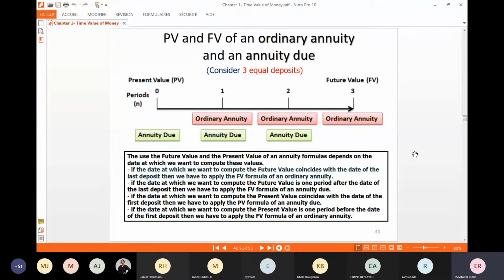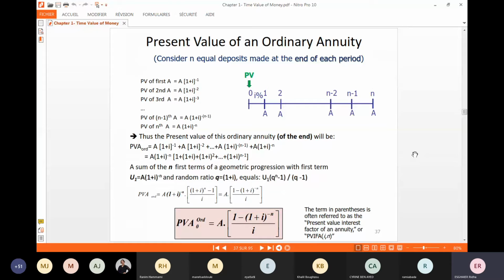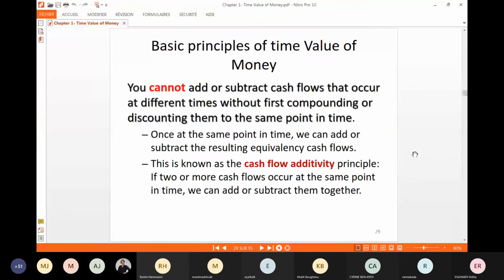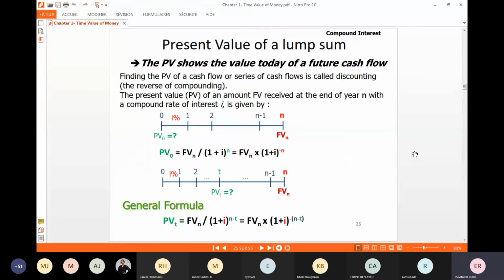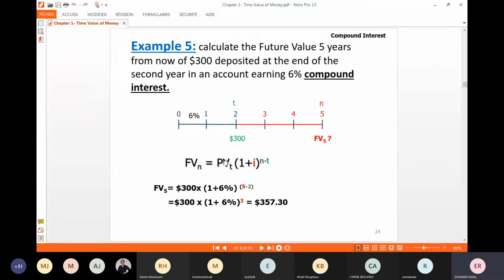To sum up what we did last session, we said that to compute the future value and the present value of an amount, we call it a lump sum, we use the basic formula, which is: future value of a lump sum is equal to the present value, which is the amount invested at any date t, times (1 plus I) power n minus t.